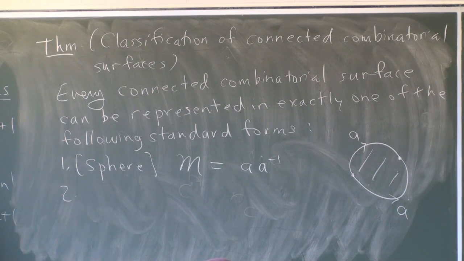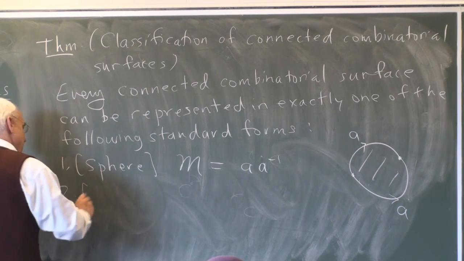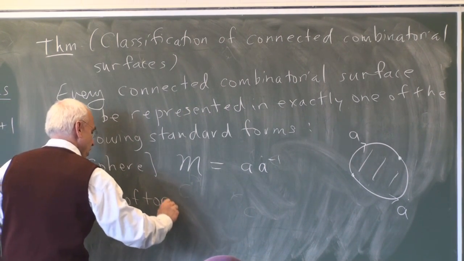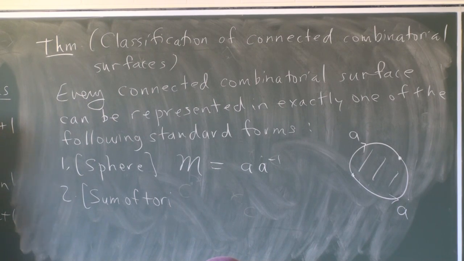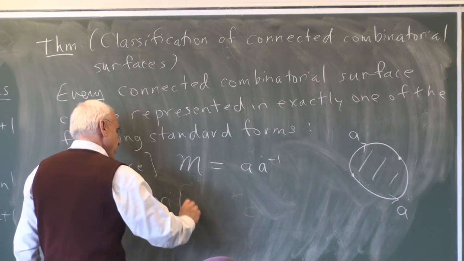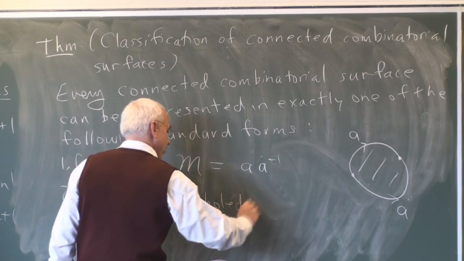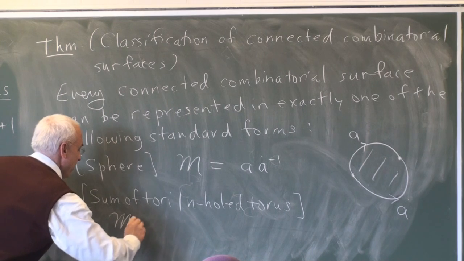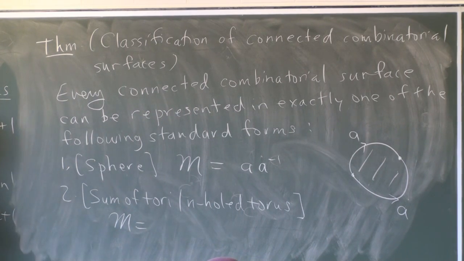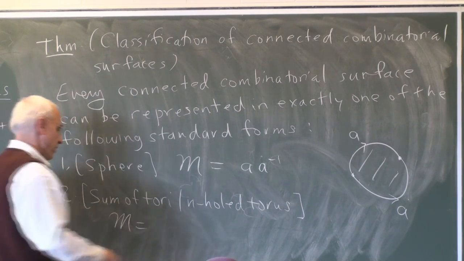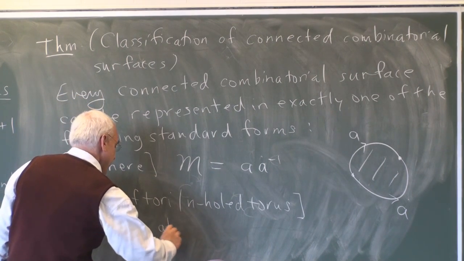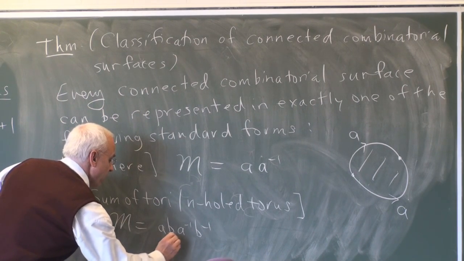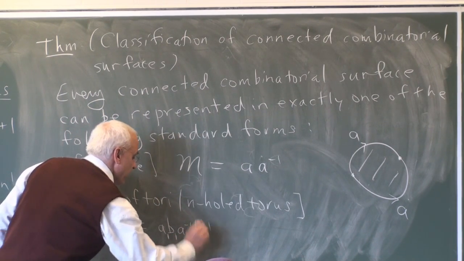Another possibility is, well, a sum of tori, plural of torus, sum of tori, or an n-holed torus. And that's the case when the word for M can be written as A, B, A inverse, B inverse. And maybe I'll put subscripts A1, B1, A1 inverse, B1 inverse.